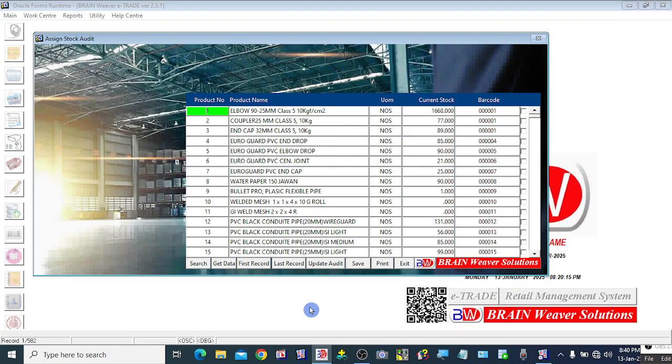Based on the physical stock of those few products, you can identify whether the stocks are maintained at a correct level or not.